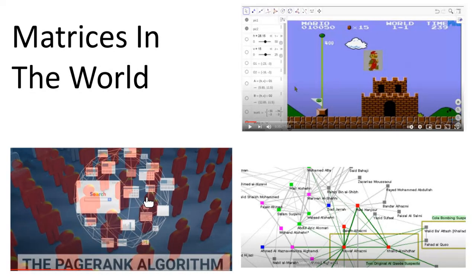They use algorithms that use matrices to rank the pages on the internet, for example. Another one is an actual picture of when 9/11 happened. They were trying to link certain people, friends and so on, and agencies like the FBI will use this to track who is related to who. In business, they also use matrices, and it's used for coding as well.